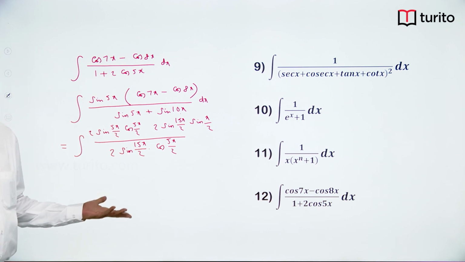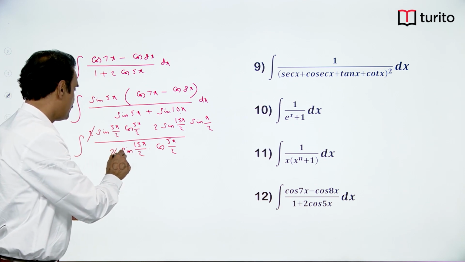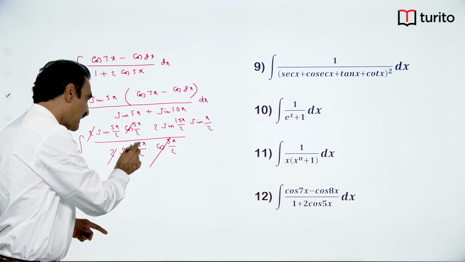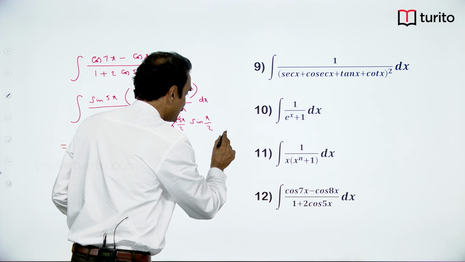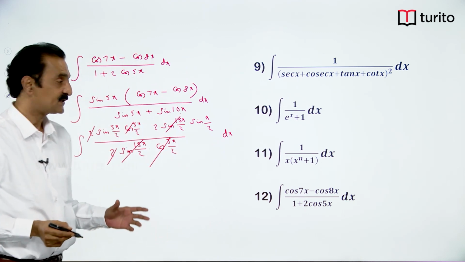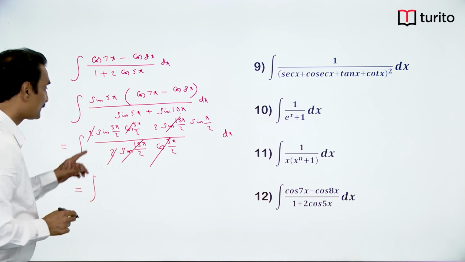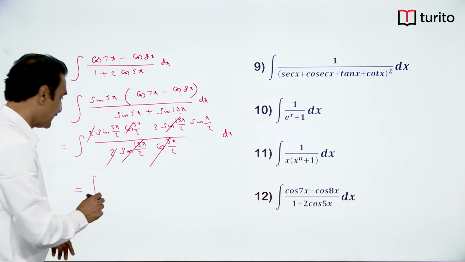Now it is almost over. 2 cancels, cos 5x/2 cancels, sin 15x/2 cancels. Okay, into dx. What is remaining? 2 sin 5x/2 sin x/2.